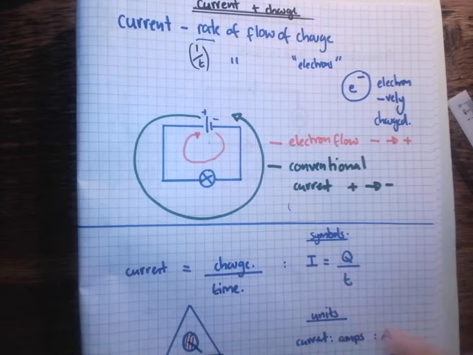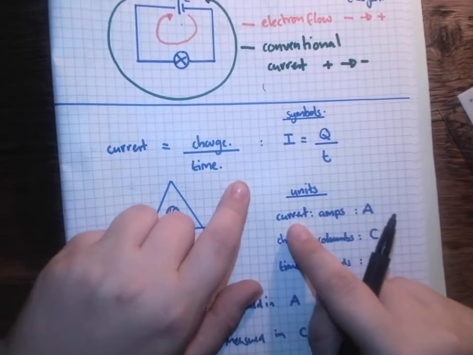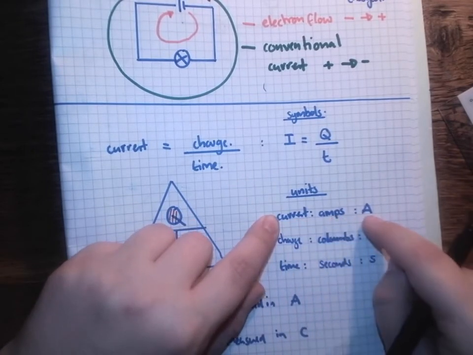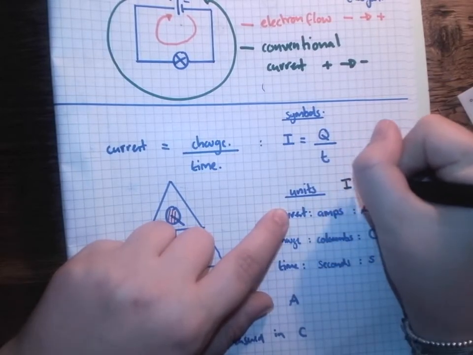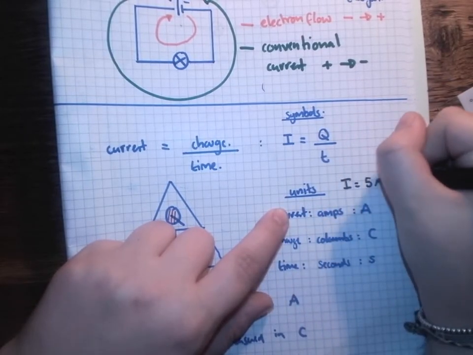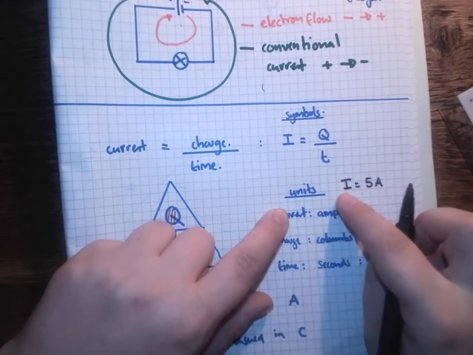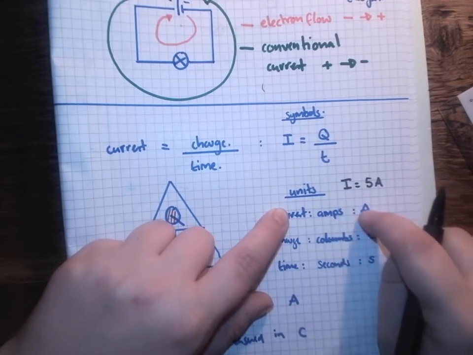We also have units of measurement, which are a little bit different. Current is measured in amps or amperes, represented by the letter A. So I could say, for example, I is equal to 5 amps, meaning current is equal to 5 amps. Rather than writing current out each time, I like to use that little I because it's much quicker. Amps is the measurement.